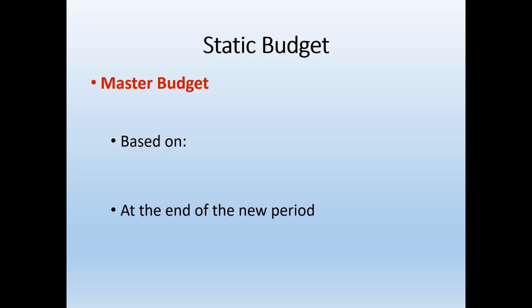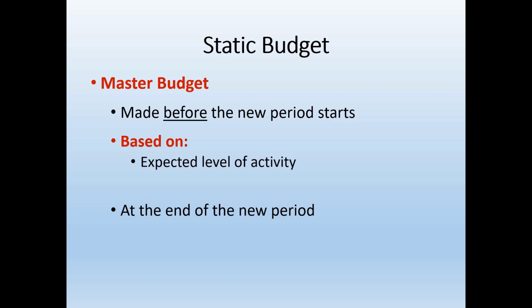Remember, the master budget is made before the new period ever starts. That means that it's based on an expected level of activity and the expected cost per unit multiplied by that level of activity.